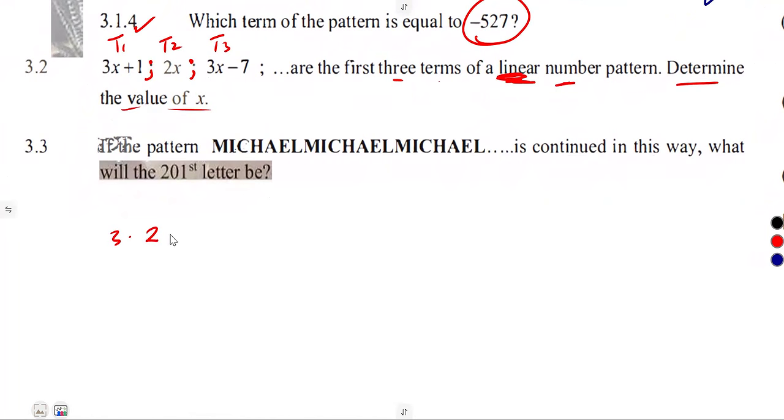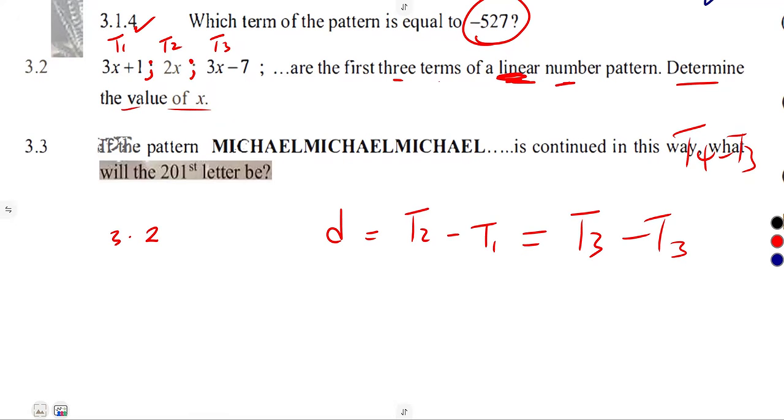Guys, when it is a linear pattern, we do understand there is only one thing that is common there for a linear pattern. It is the constant difference. It is the same T2 minus T1, which is the same as T3 minus T2. If there was T4 minus T3, you must obtain the same thing.